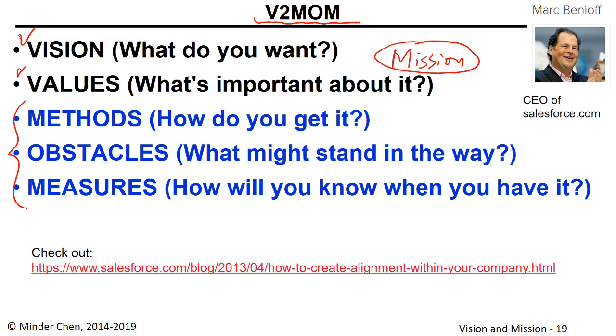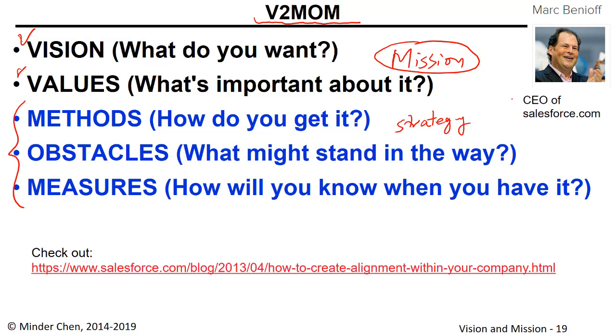So the methods, roughly speaking, correspond to what we call strategy. How do you get there? What's your strategy for getting there? That's what they call methods. Roughly speaking, they're equivalent, okay, not totally identical, but method is much more concrete.